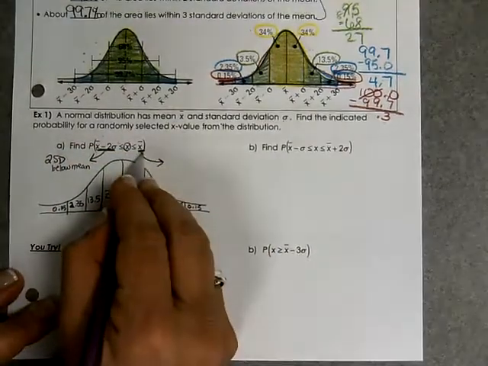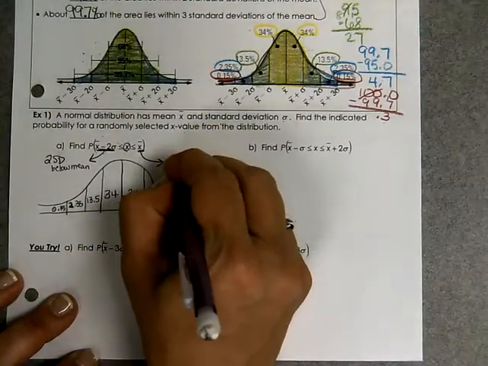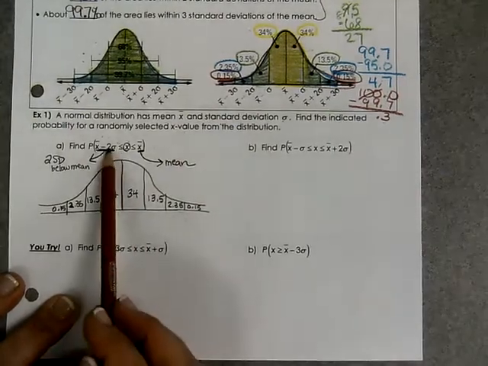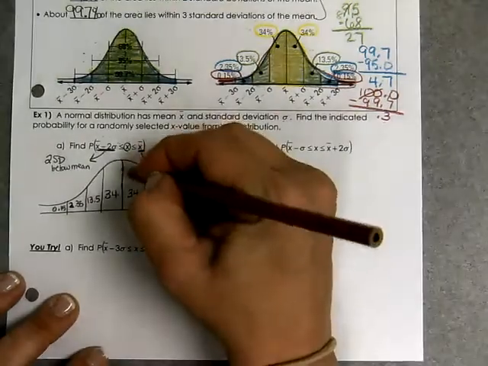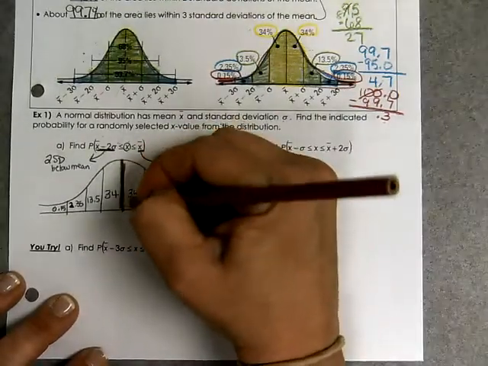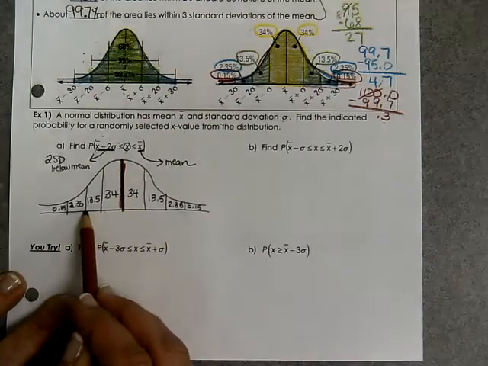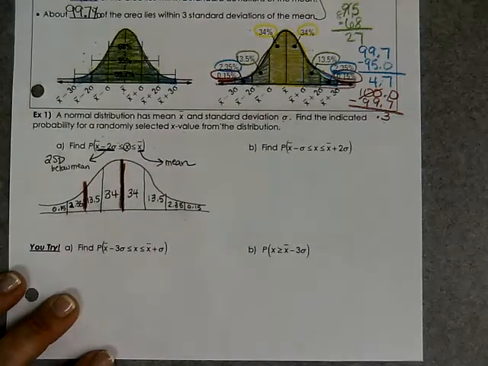And what did we say that x bar itself meant? The mean itself. So this is telling us to go from 2 below the mean to the mean. So here's our mean. That's one of our boundaries. And now let's count to the left. 1, 2. And so those are my boundaries.